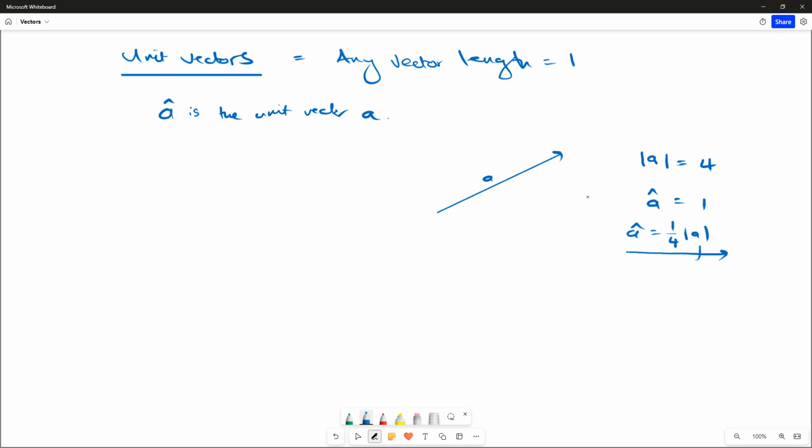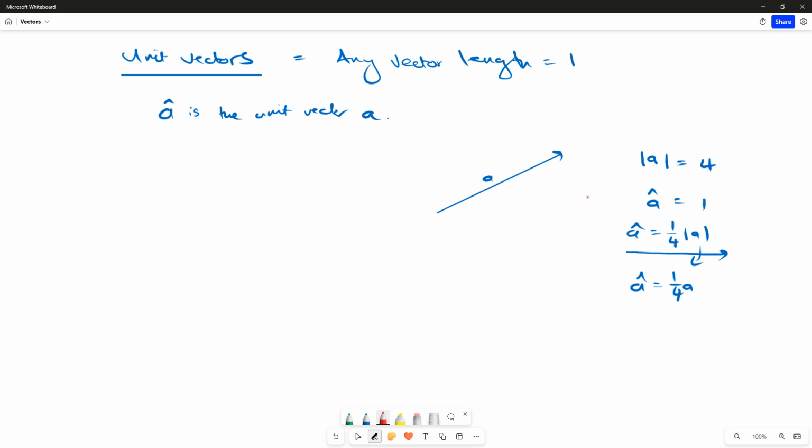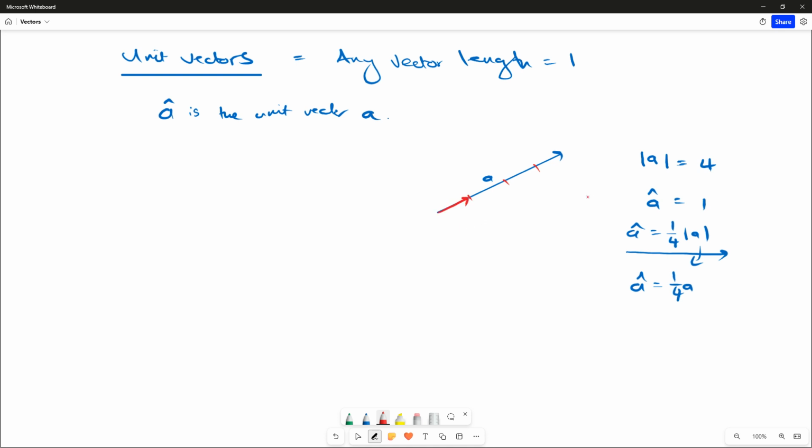We can also just write it like this: a quarter of the original vector will come to 1. What that means is that we can divide this into 4 equal parts. Then that part over there, just that component at the start, is a quarter of A in the same direction, in parallel, and is my unit vector.